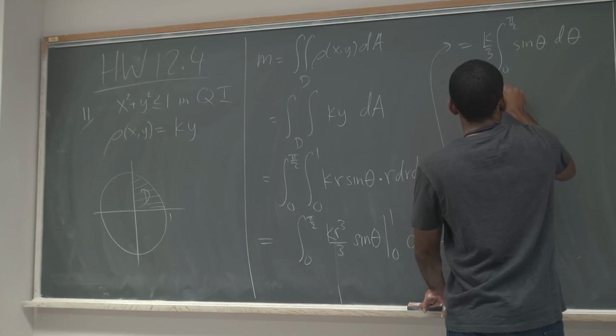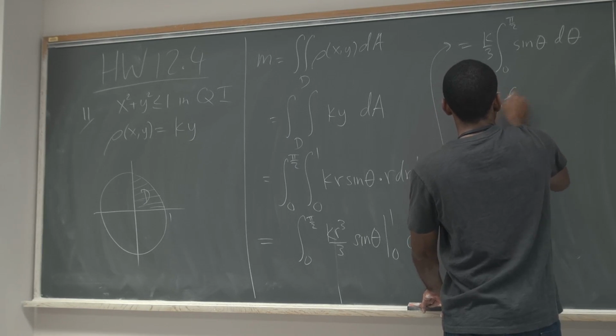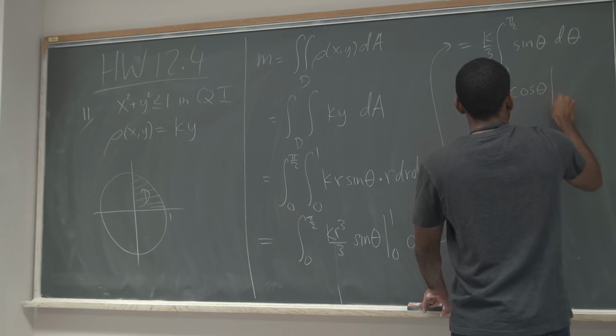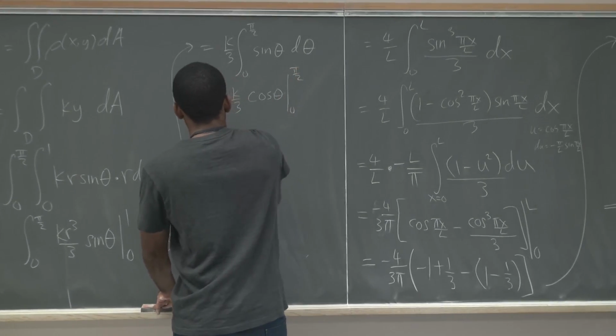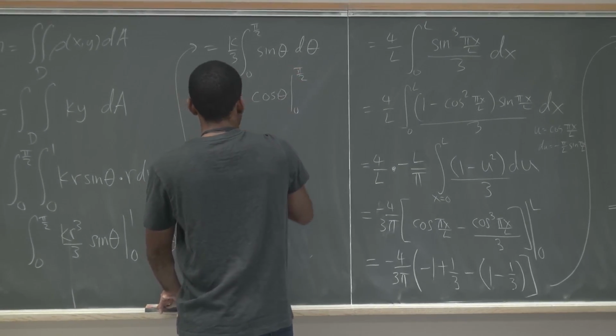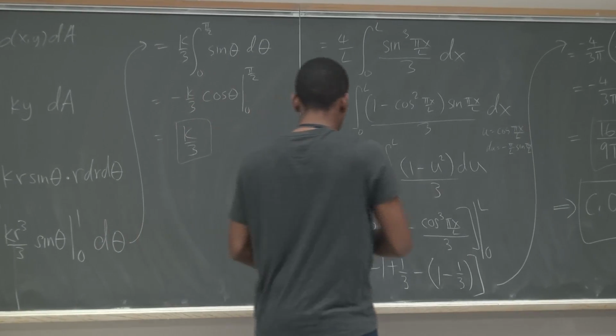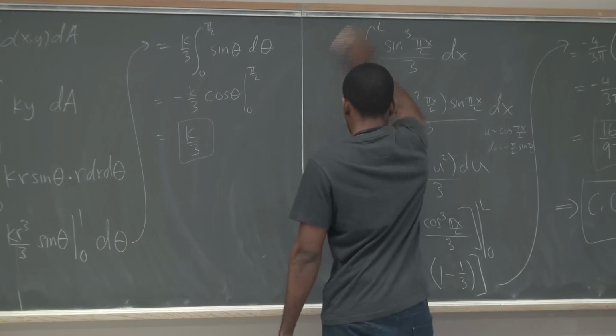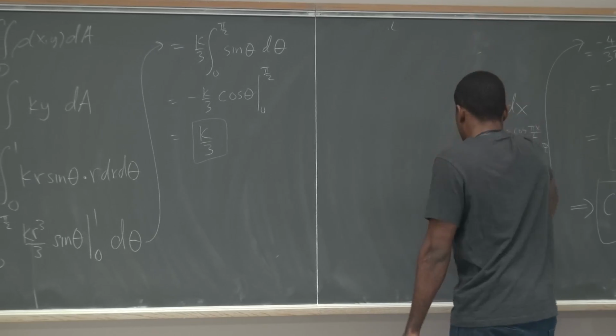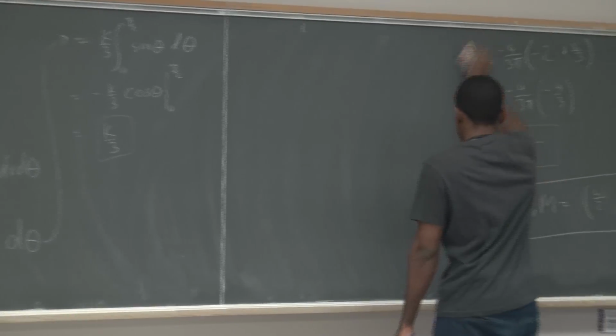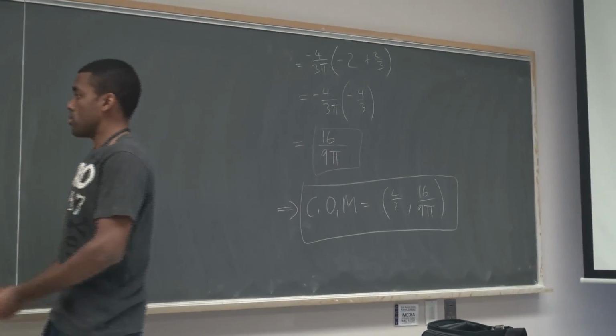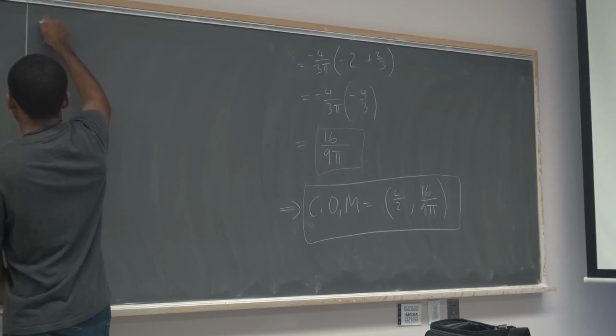The integral of sine is minus cosine, which gives you k over 3. So that's the mass.